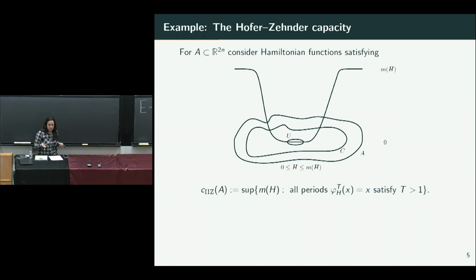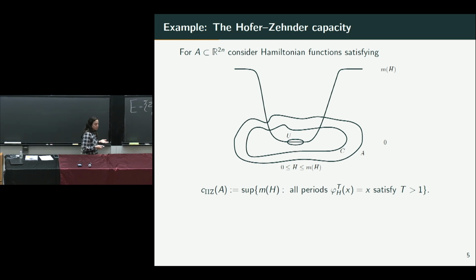Okay, so why is this thing a capacity? It's only defined using a symplectic property, so it's invariant under symplectomorphism. And any H which would be acceptable for a set A would also be valid for any set containing A. So this gives us monotonicity automatically.